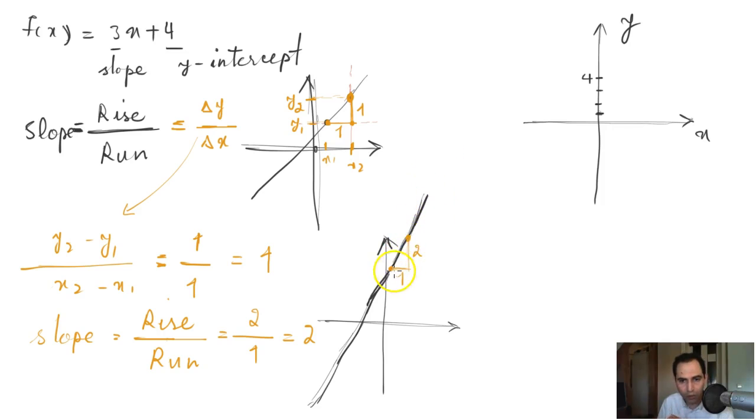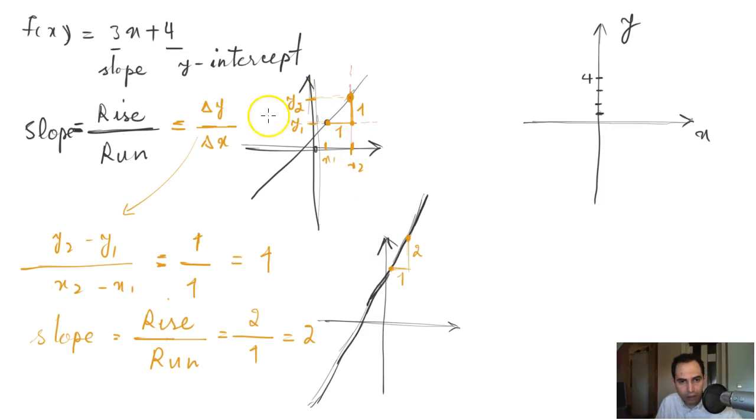It doesn't matter where you take these 2 points, wherever you take them, you will get the same ratio, 2 by 1, 2 by 1, and then it just becomes 2. So whenever you add 1 unit change to the input of the function, it generates 2 units of change in the output of the function. And that's the slope of this function.